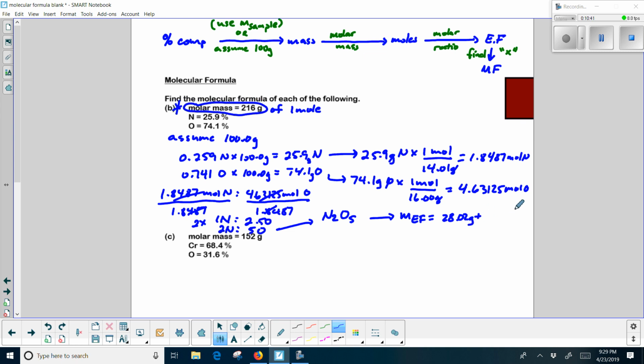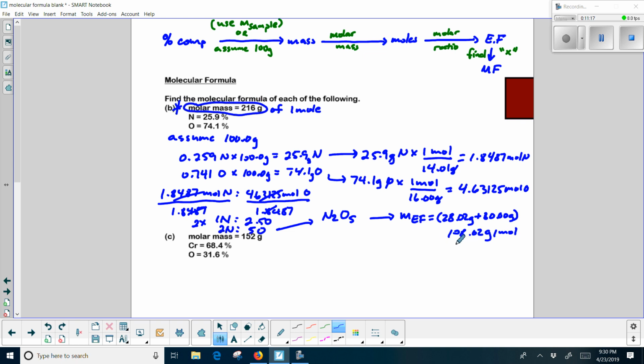And then for the oxygen, I've got 5. Each one is 16, so it gives me 80.00 grams. So the molar mass would be 108.02 grams per mole. So in 1 mole, I would have 108.02 grams.